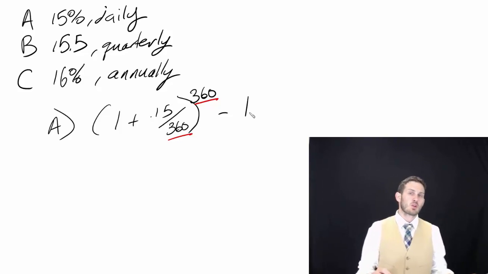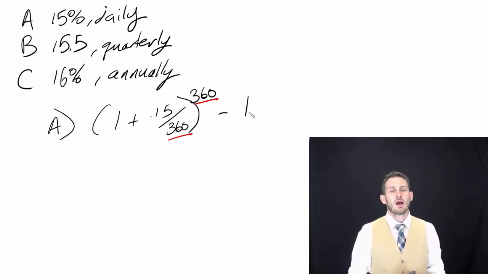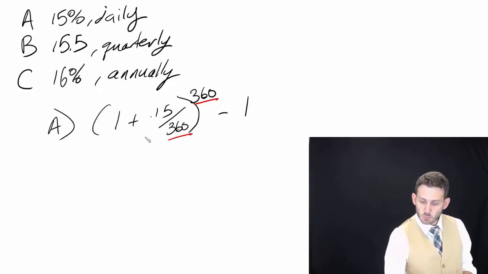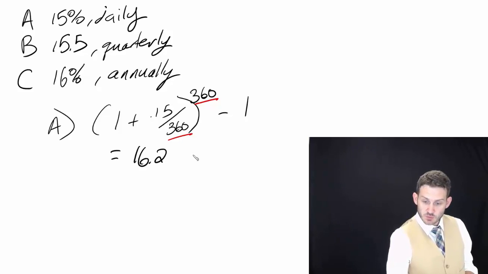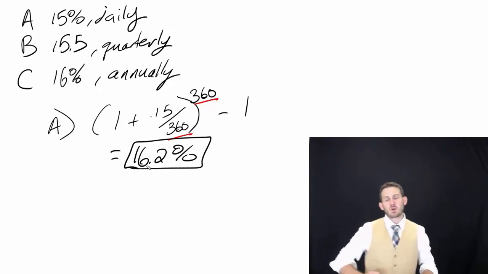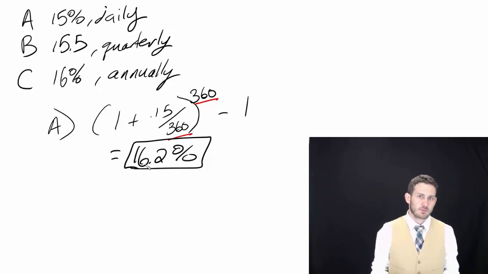I'll show you how to do this in the calculator in just a bit, but keep in mind that you want to keep everything in the calculator as much as possible. When we compute it out, this gives us a value of 16.2%. Investment A's effective annual rate is going to be 16.2%.